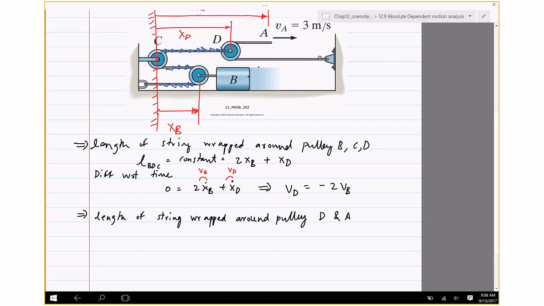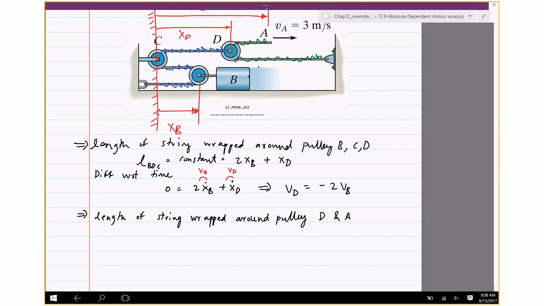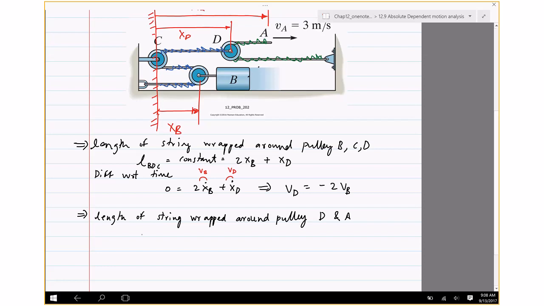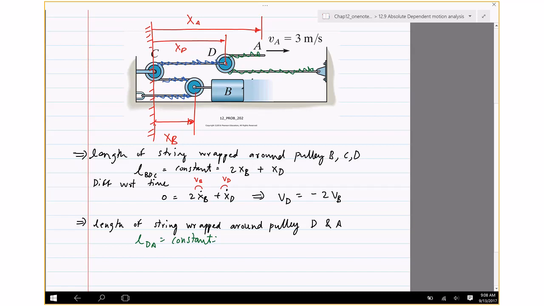So I'm interested in this length. Okay, so what's that length? Let me write the one which I can clearly see over here. This length is simply xa minus xd, right?